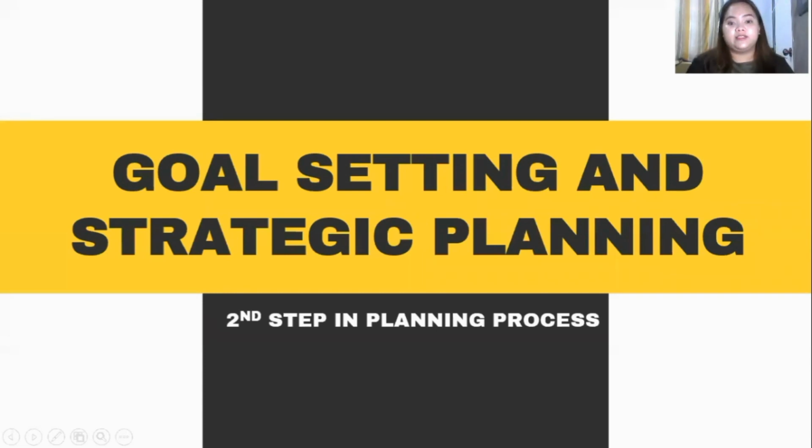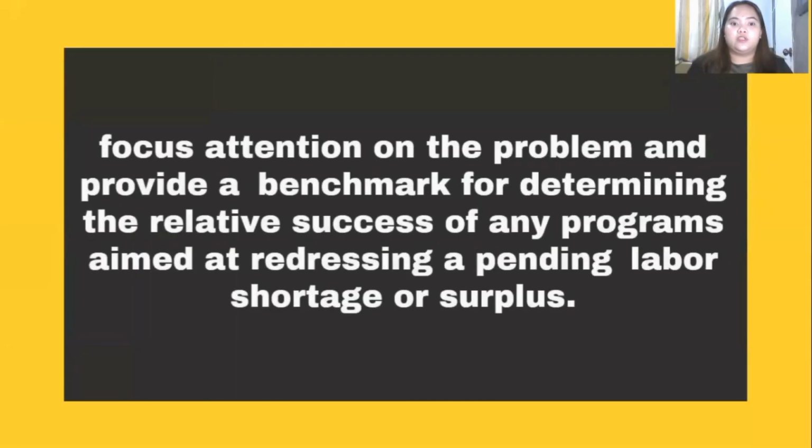So goal setting and strategic planning is the second step in the planning process. It focuses attention on the problem and provides a benchmark for determining the relative success of any programs aimed at redressing a pending labor shortage or surplus. In this part, it aims to help managers plan strategically and set goals or objectives that will result in better outcomes.